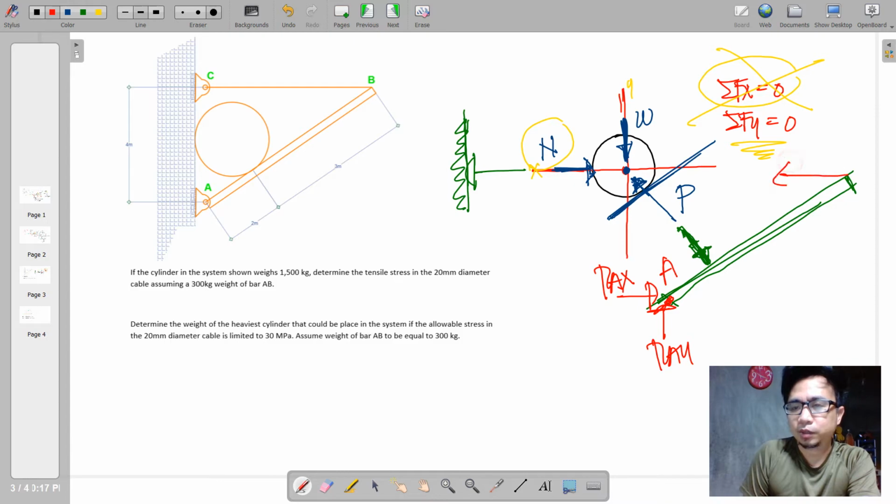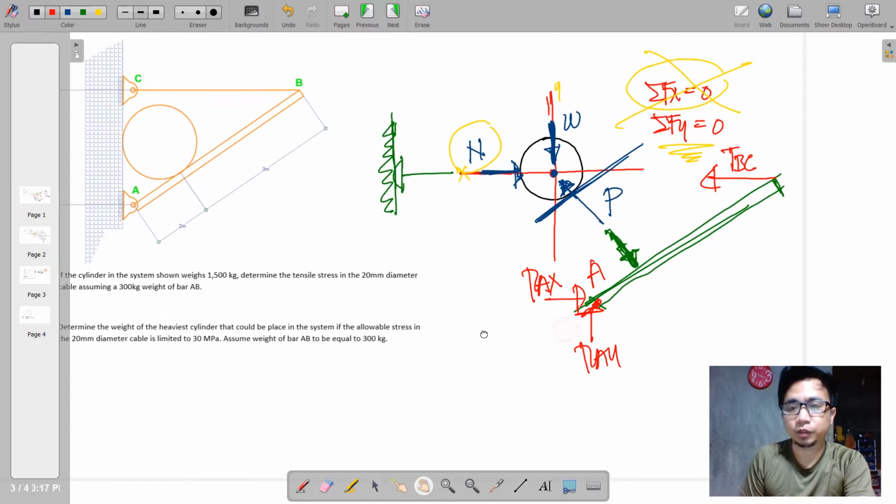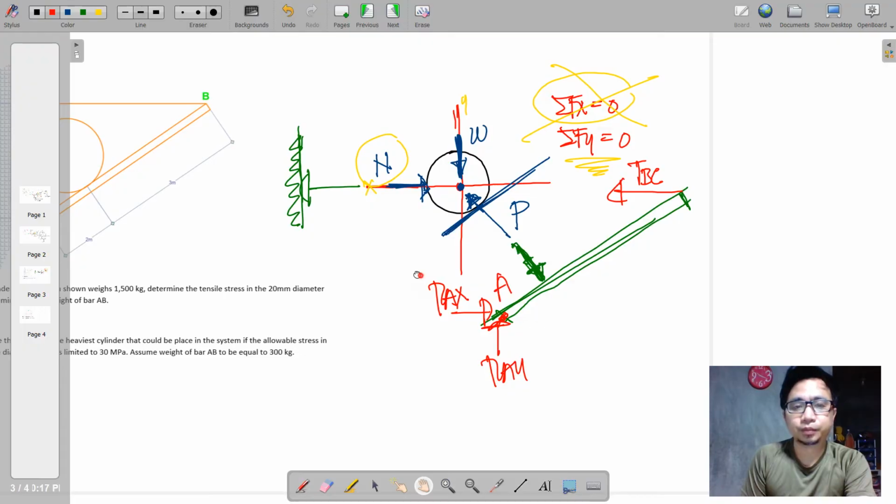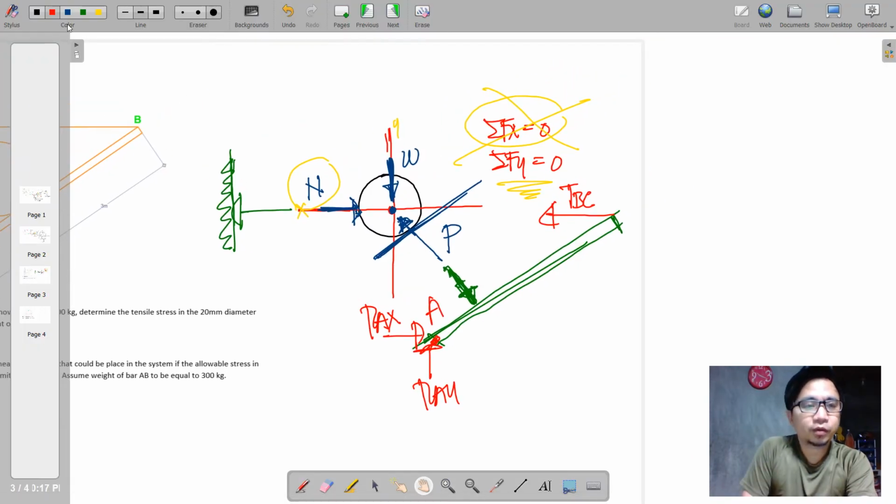So this is actually cable BC. That is the sequence of our solution here. So we're going to perform this at the FBD of the cylinder.